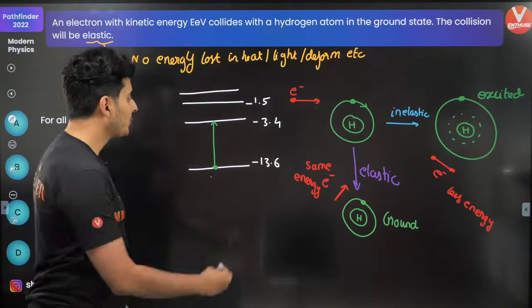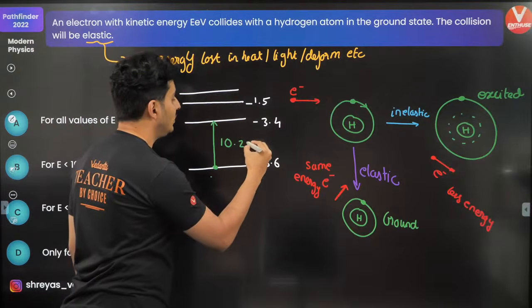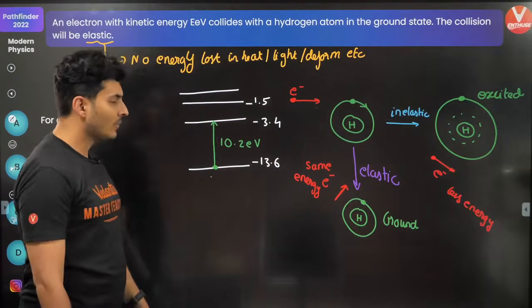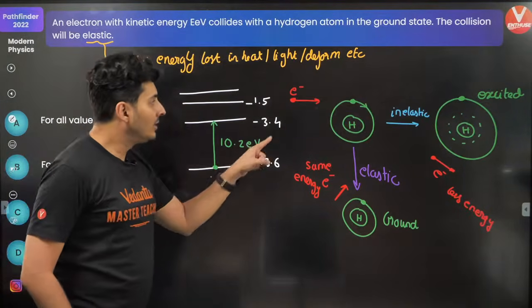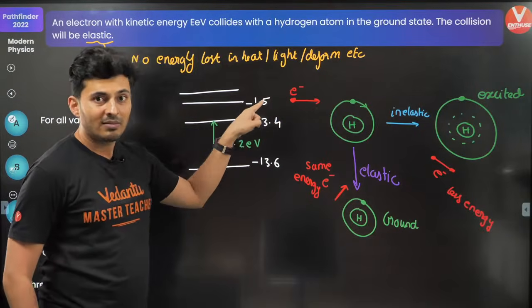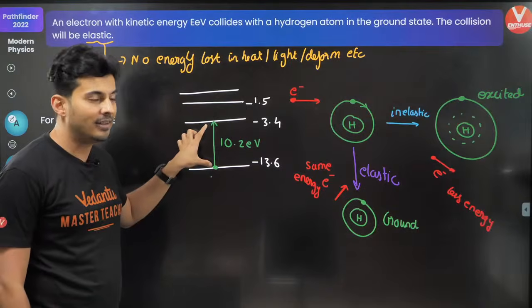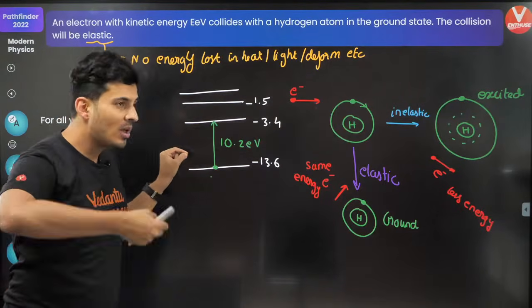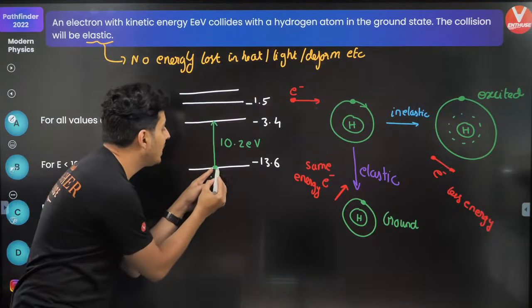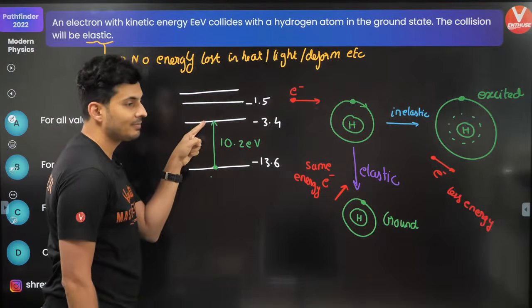How much is that value? This comes out to be 10.2 electron volt. Now imagine the electron which is colliding does not have 10.2 electron volt energy. How on earth will it make this electron jump over here?